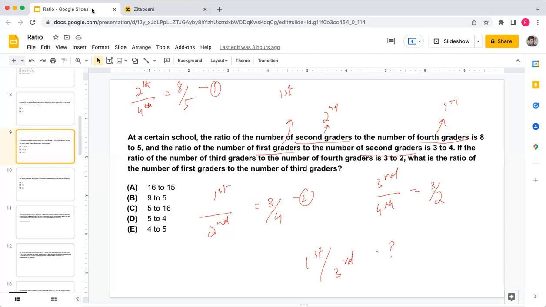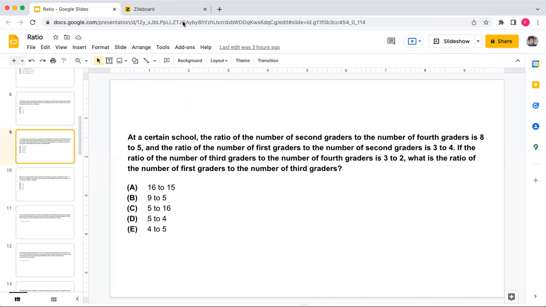There are various ways to proceed with this. Now, just quickly writing again: the first one is second by fourth is equal to 8/5.